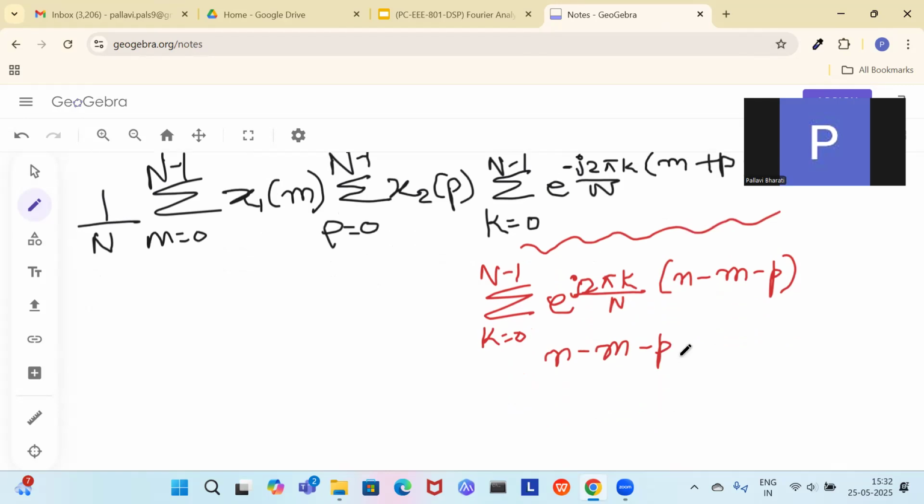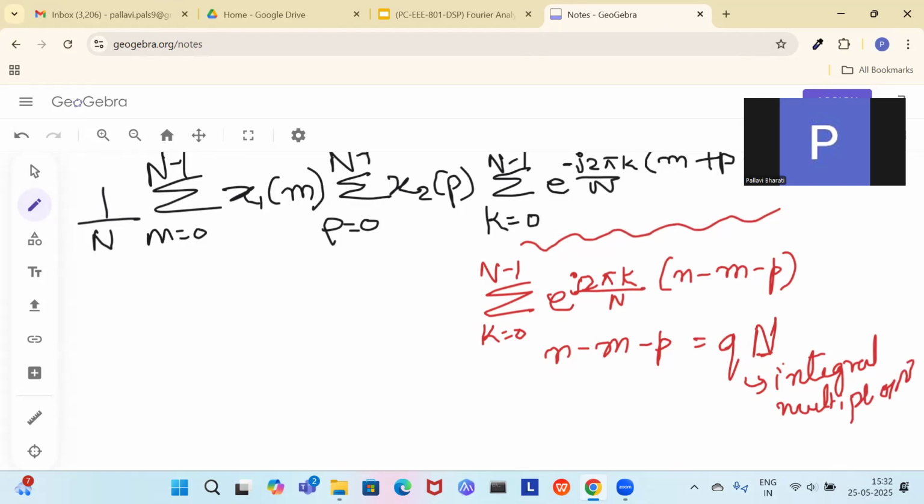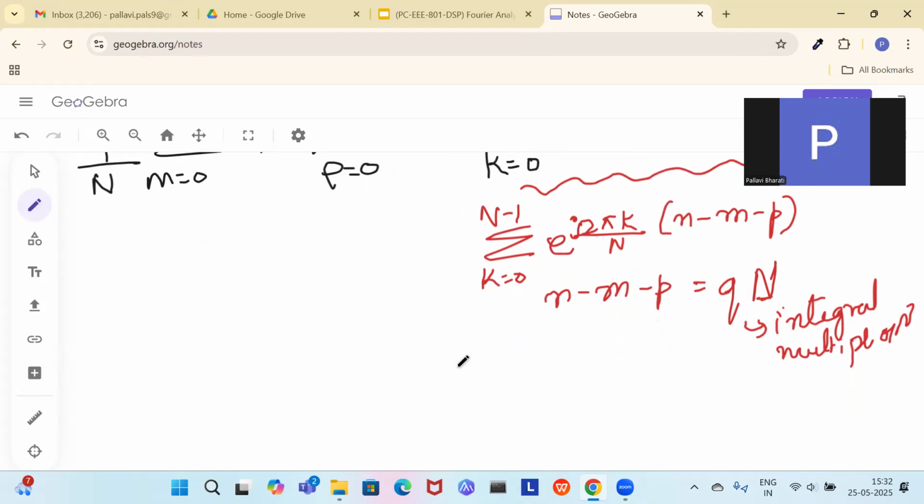Now, if I take this n minus m minus p as some integral multiple of capital N, q times N, we can write this further as summation k equals 0 to capital N minus 1 e to the power j 2 pi k q N by capital N. Fine.